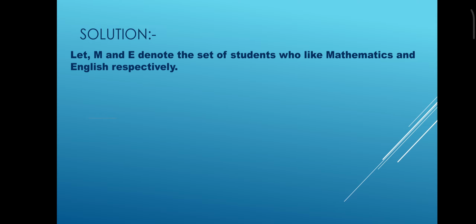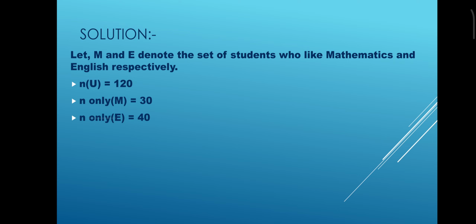Here is the solution. Let M and E denote the set of students who like mathematics and English respectively. Here are the given values. n U is equal to 120, this is the total number of students. And n only M, this means the students who only like math, is 30.